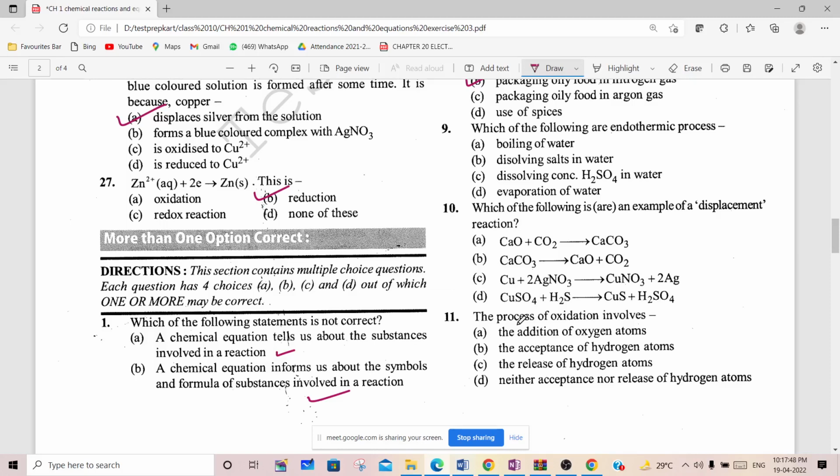Boiling of water is an endothermic process. Dissolving salt in water and evaporation of water.